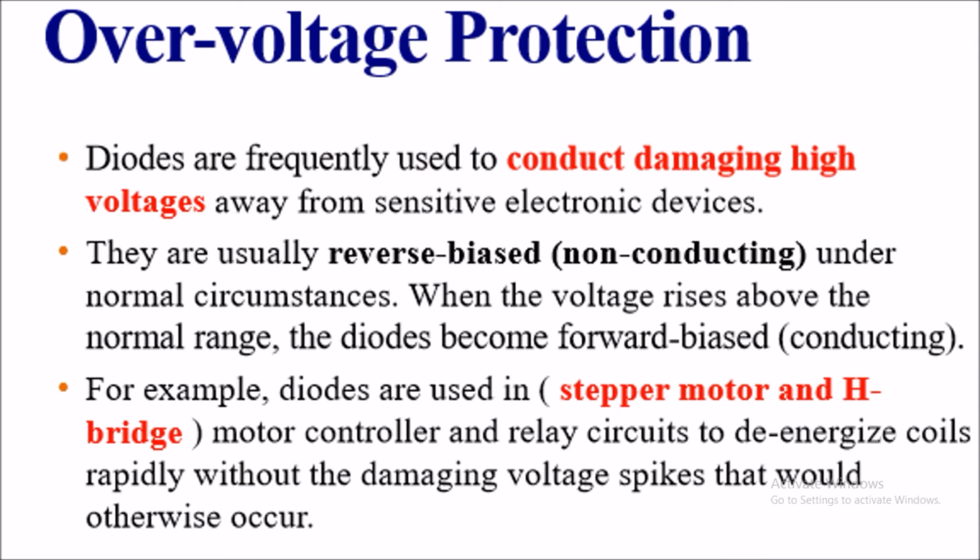Over voltage protection. This is the third type of application. Diodes are frequently used to conduct damaging high voltage away from sensitive electronic devices, as protection from damaging the sensitive and high cost electronic devices. They are usually reverse biased, non-conducting, as in the case of the Zener diode. Under normal circumstances, when the voltage rises above the normal range, diodes become forward biased conducting, as in the Zener diodes, which work in reverse breakdown.